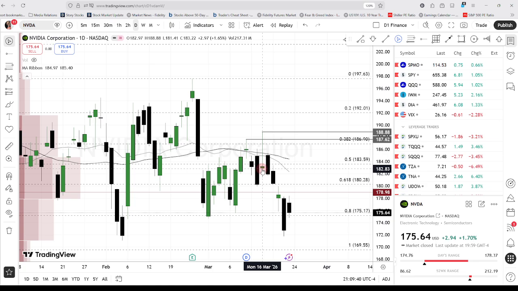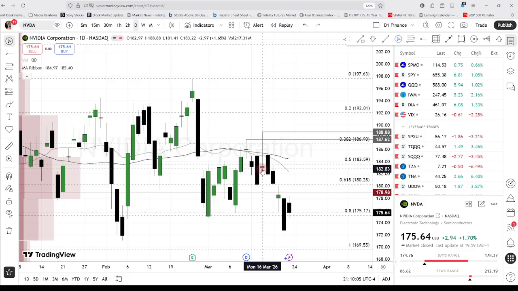So the high of the candle was 188.88. The low was 181.41. And the close was 183.22. Add them together and divide that by 3.